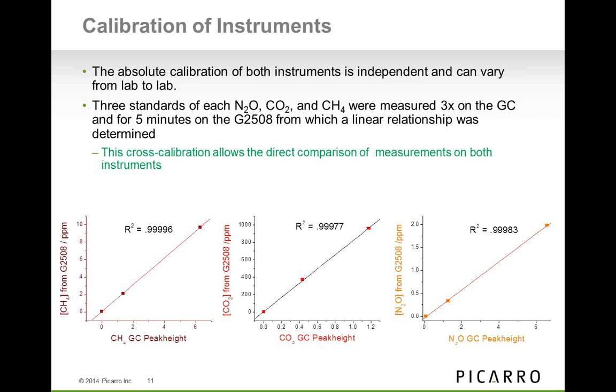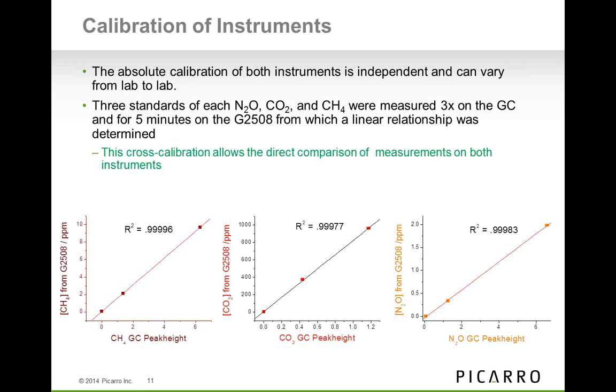So we took 3 standards of each individual gas and measured them 3 times in the GC with injection, and then we put that sample into a Tedlar bag and let the G2508 measure that sample for 5 minutes, and then we take an average to get a better precision on that one measurement.